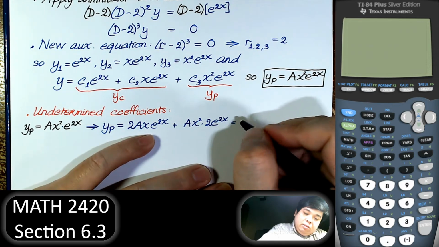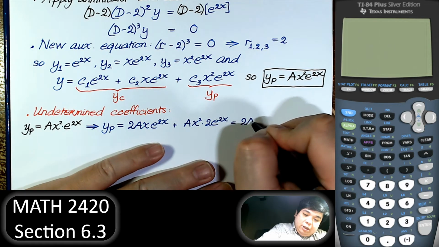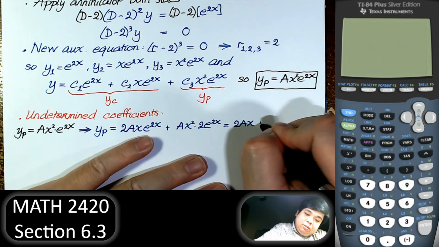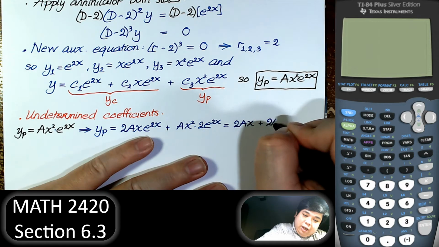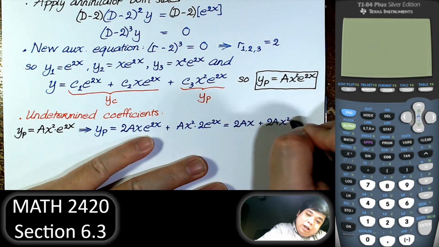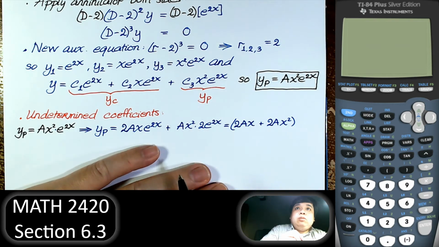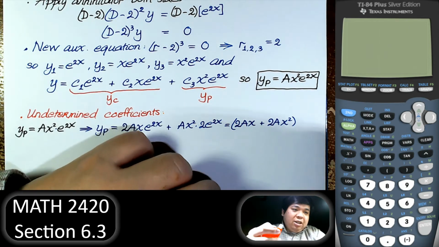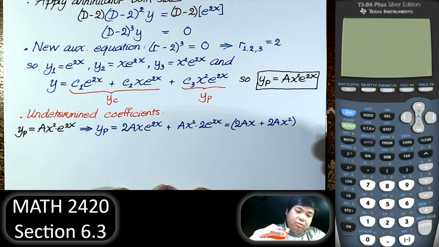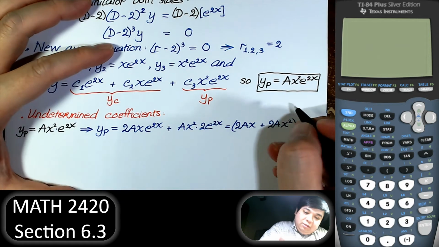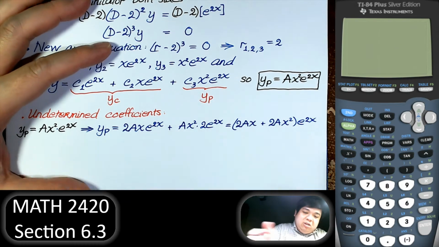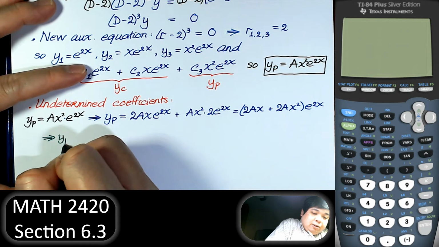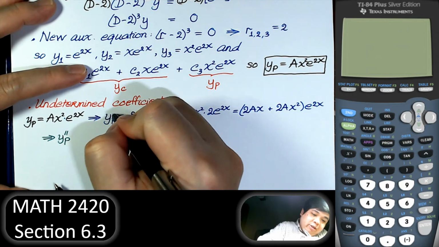So that gives us 2ax plus 2a x squared, and I just factor out the 2. Just multiply it out, or we may just leave it like that. And then we'll take the second derivative. This is the first derivative, by the way.